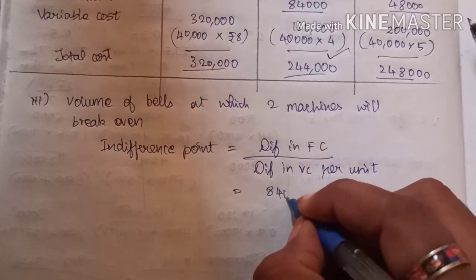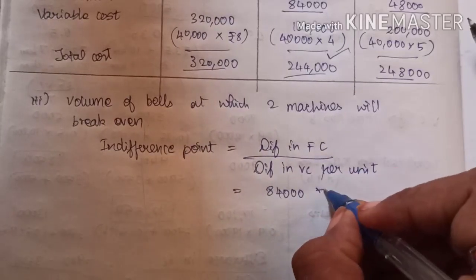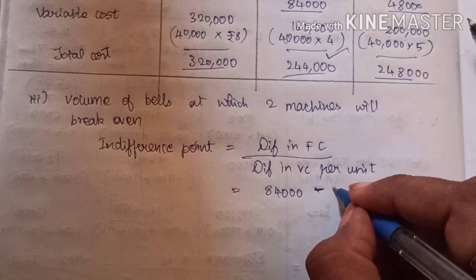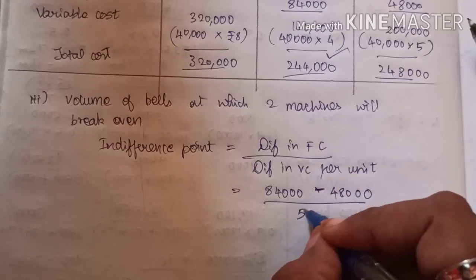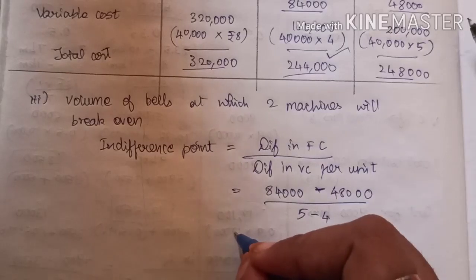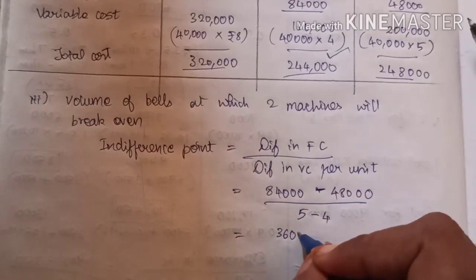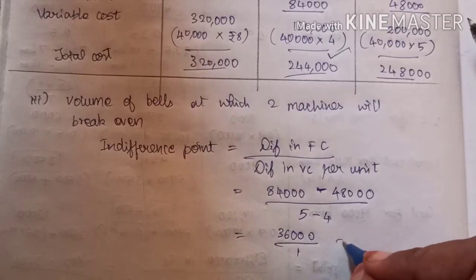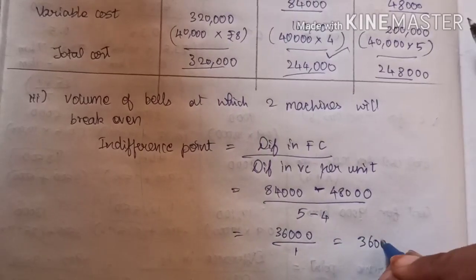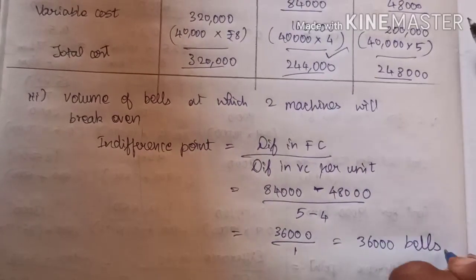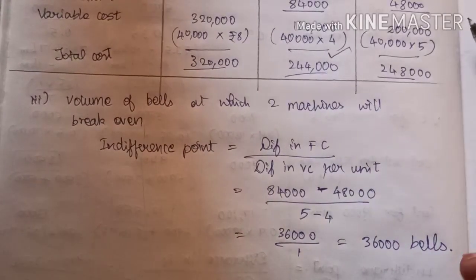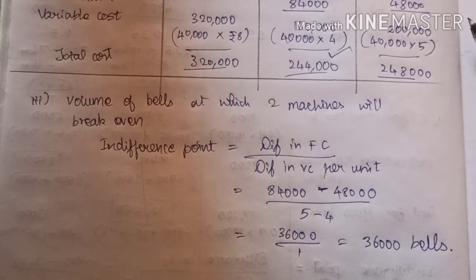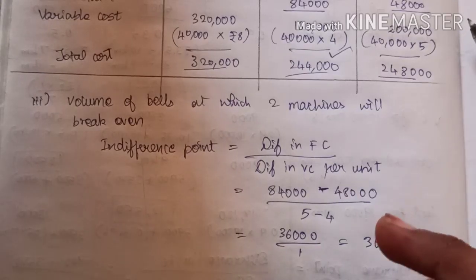See, 84,000 minus 48,000 divided by 5 minus 4, you will get 36,000 bells. At the level of 36,000 bells, the cost of both the machines, that is the Janta machine and Super X machine, will break even, that is, it will be same.